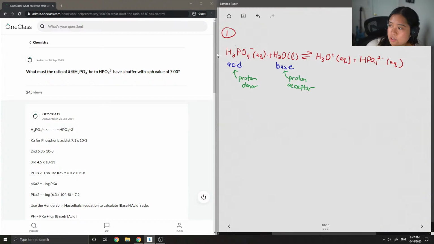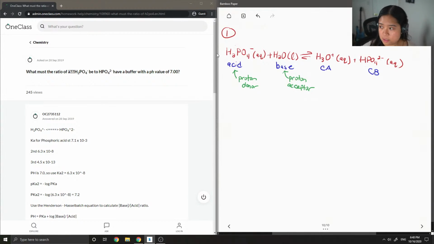Okay, and just for good measure, we'll also find out which one's our conjugate acid and our conjugate base. So after the H2PO4 minus donates one of its protons, the H3O plus becomes our conjugate acid, and then this is our conjugate base.